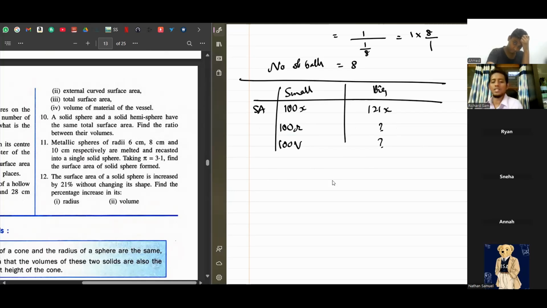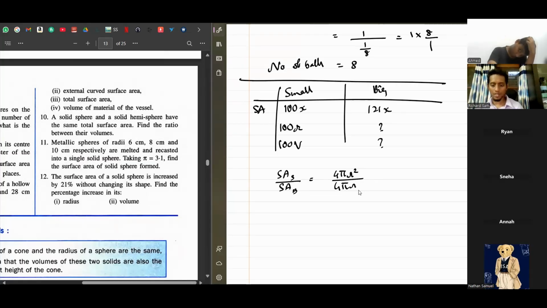Okay, so since surface area is given, we'll first use surface area. Surface area of the small divided by surface area of the big. Make a ratio like this. Surface area formula is what? 4 pi r square upon 4 pi R square.